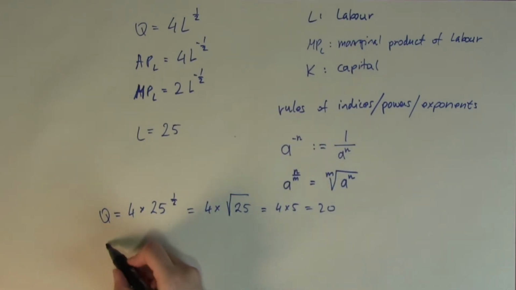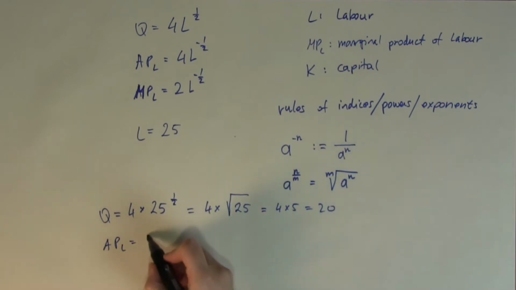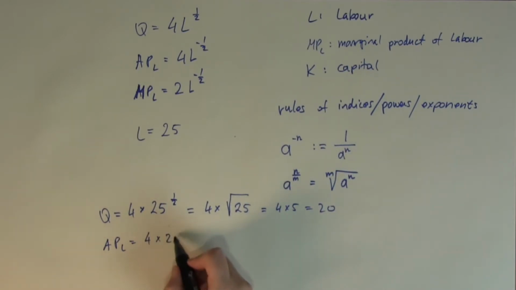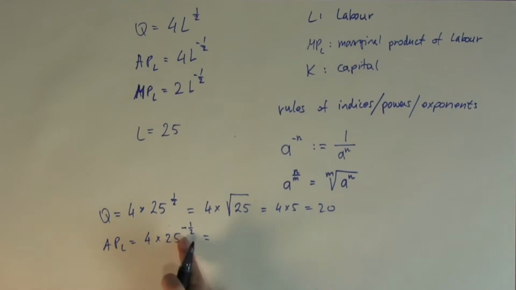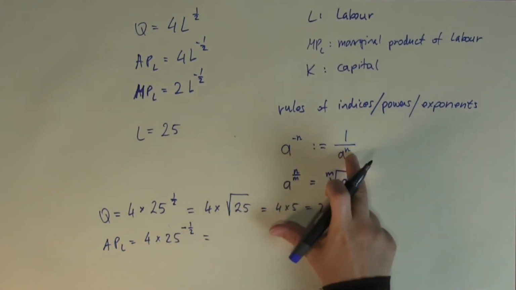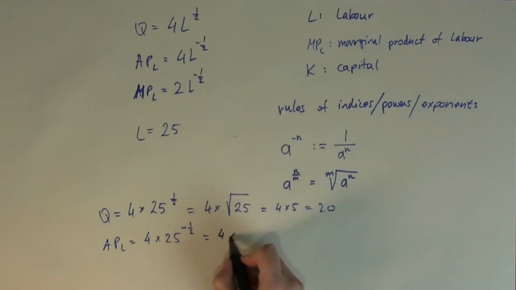So what happens in the case of the APL, the average product of labor? That is slightly different because 25 is now to the minus half power. Remember what a negative power means: a negative power means that we need to bring the power down into the denominator. So we got 4 times 1 over 25 to the half.